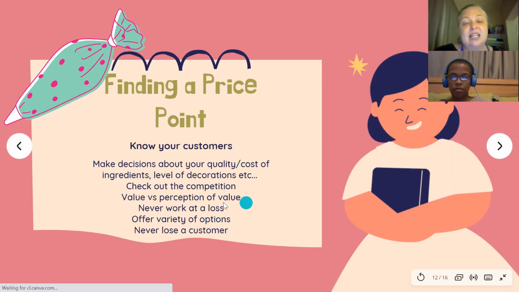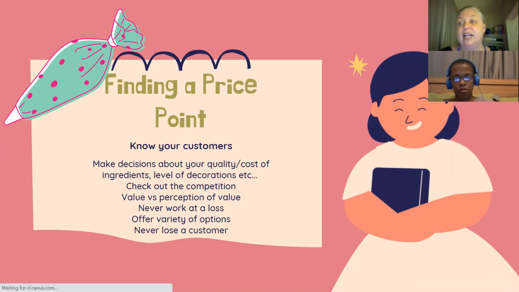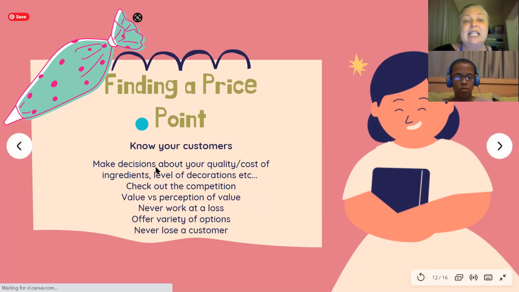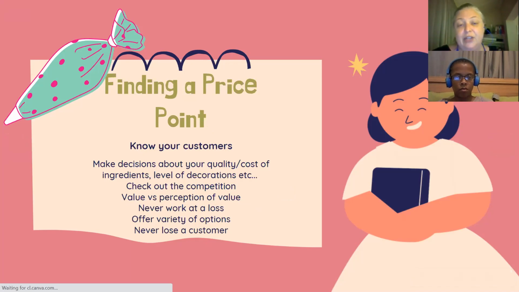Then this is another thing I found online: value versus the perception of value. It can be great value for money. You could be selling them a cake of 100 servings for 500 Rand. It's 5 Rand per slice. It's so cheap. But unless they perceive it as being valuable, they're not going to find value in it.